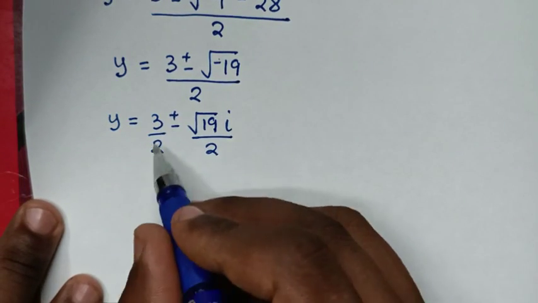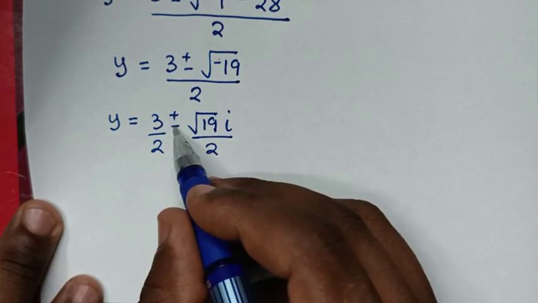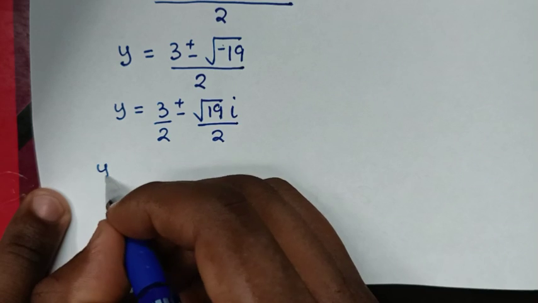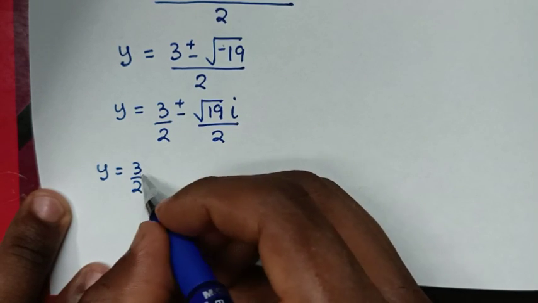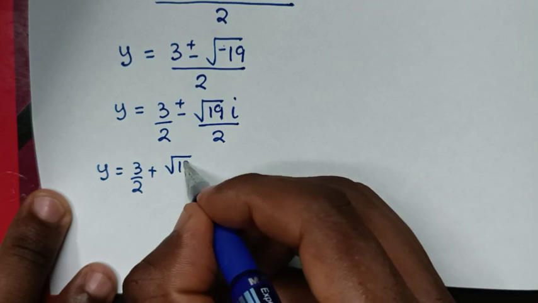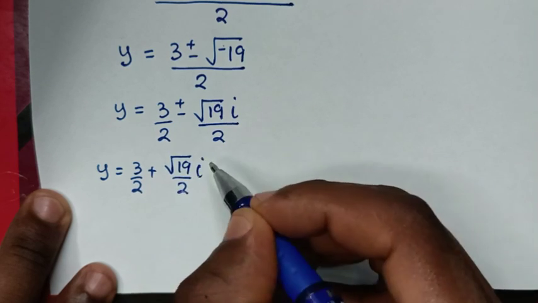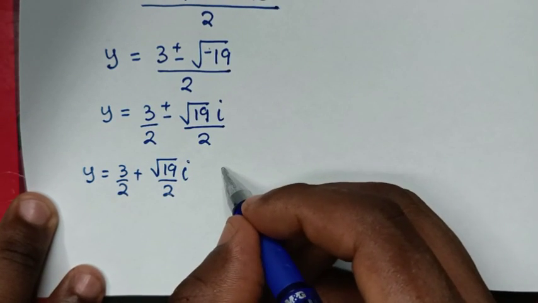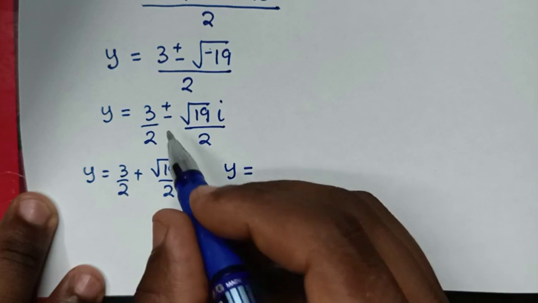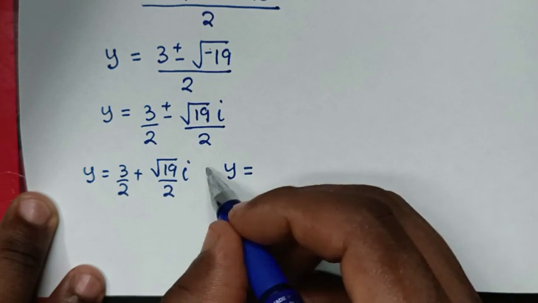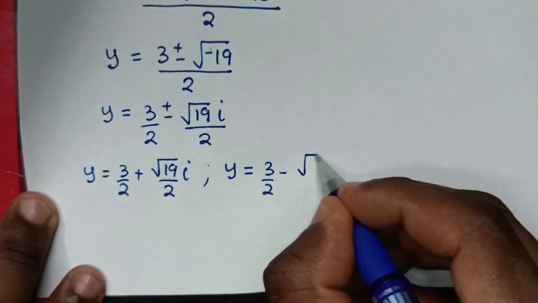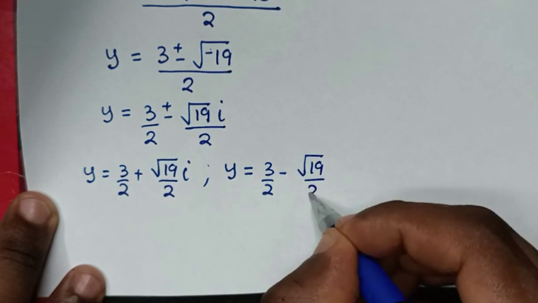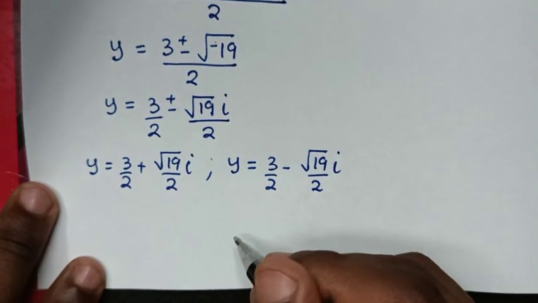So we have two solutions because of plus or minus. Therefore, the first value of y, when it is positive, is 3 over 2 plus square root of 19 over 2 i. And the second value of y, when it is negative, is 3 over 2 minus square root of 19 over 2 i.